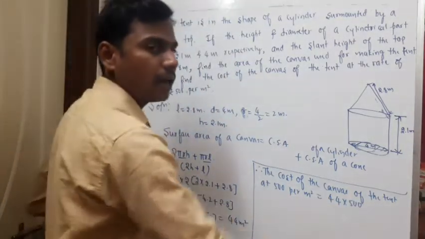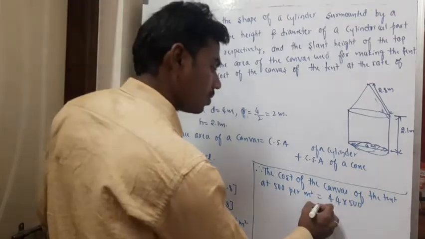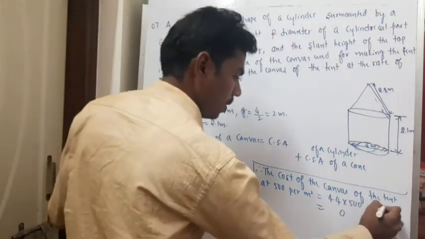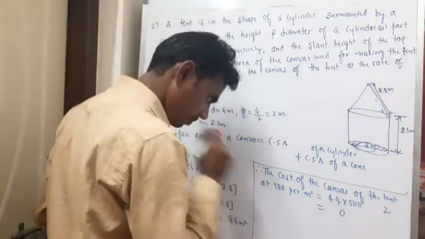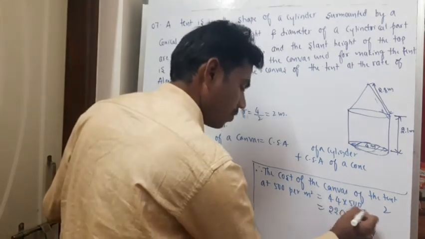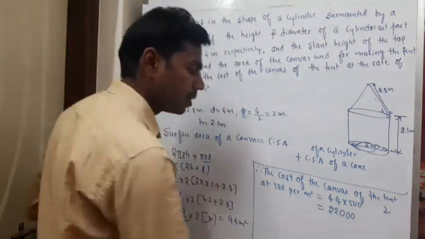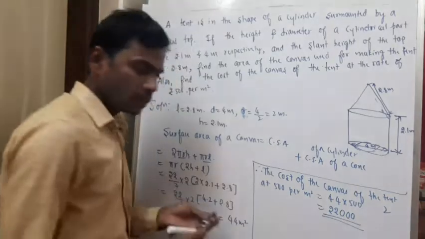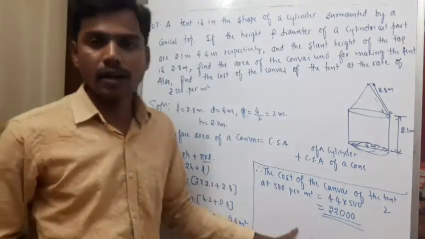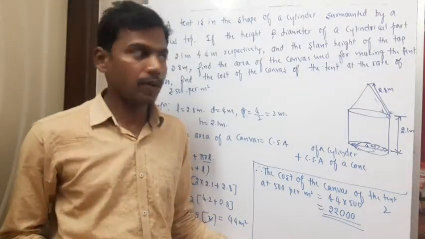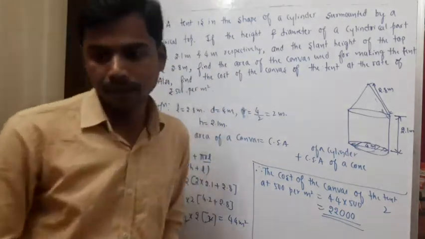For 44 meter square, how much do we need to find out? 4 fives are 20, 2 carry, 4 fives are 20 plus 2, 22. So followed by 2 zeros, that is 22,000 rupees. So the cost of the canvas used for making the tent is 22,000. Okay, so please note this down.